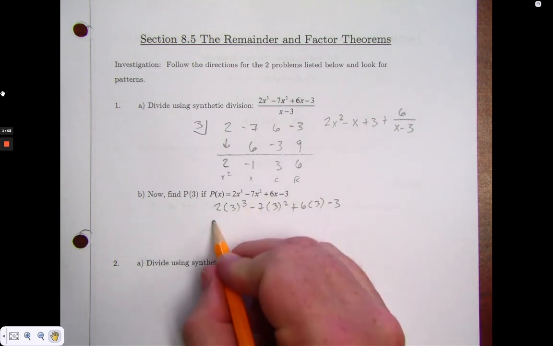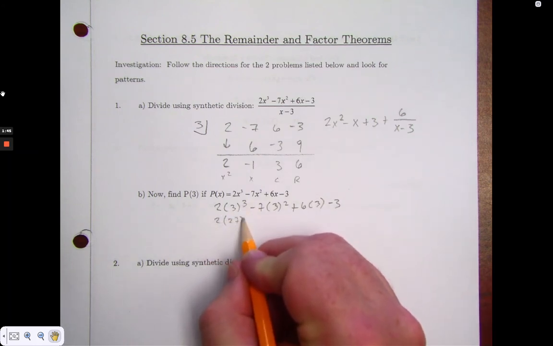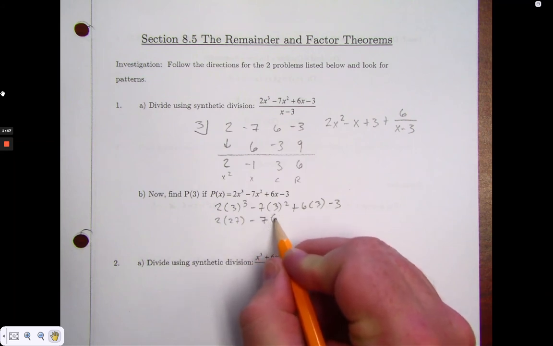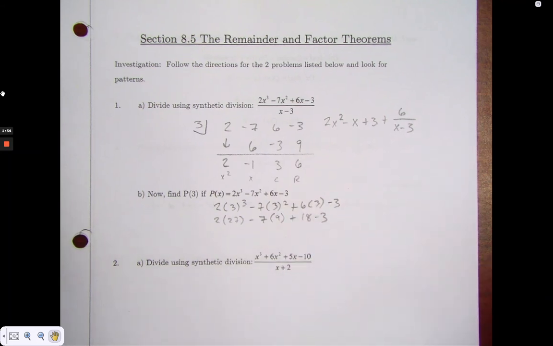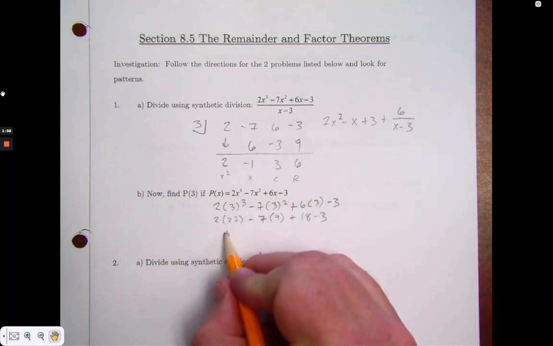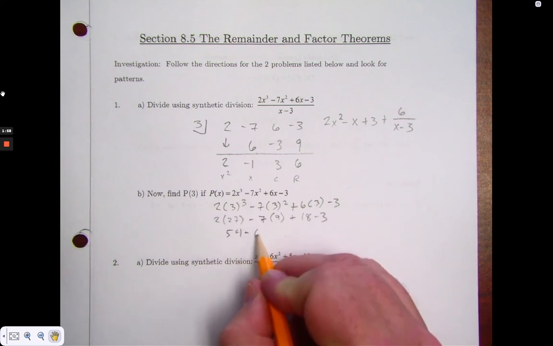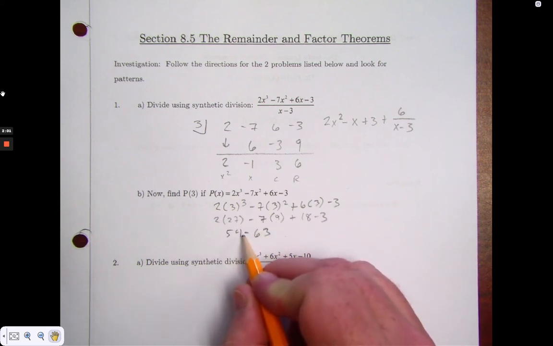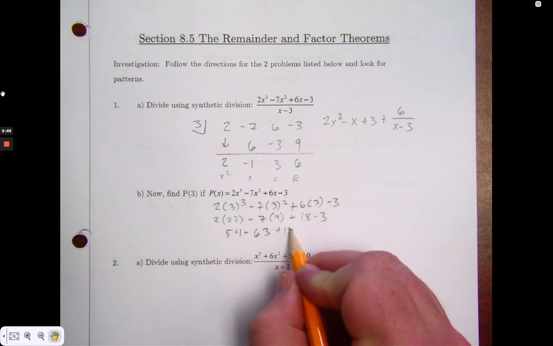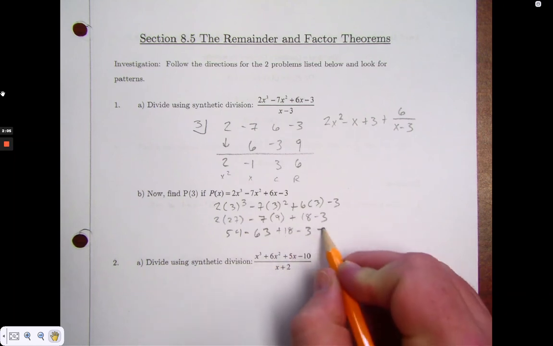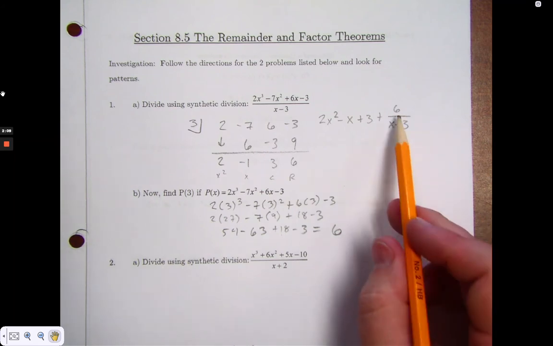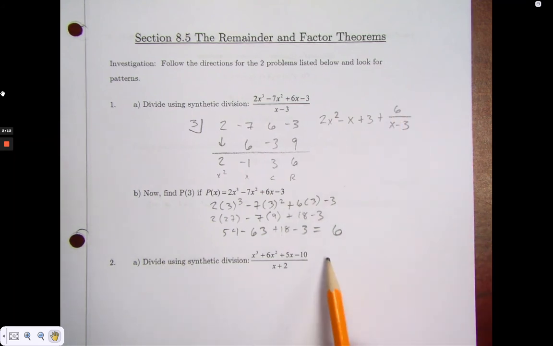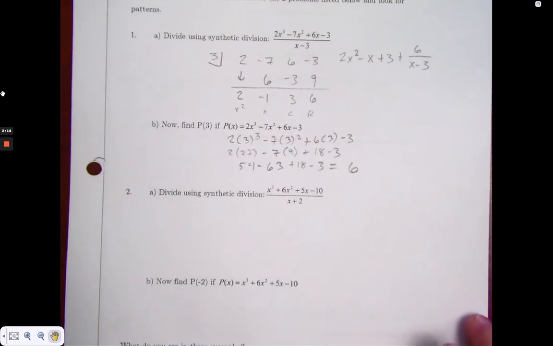So 3 cubed is 27, so 2 times 27 minus 7 times 3 squared, which is 9, plus 6 times 3 is 18, minus 3. 2 times 27 is 54. 7 times 9 is 63. So 54 minus 63 plus 18 minus 3 gives us 6. Well, that's interesting. 6 is our remainder. Okay, so let's try another one.